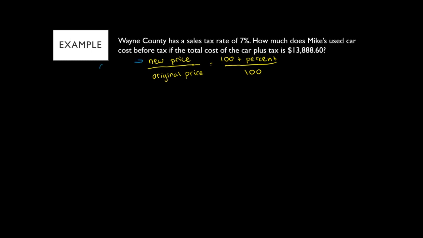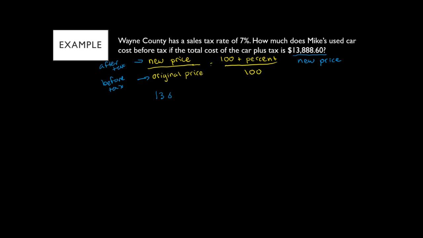And so this new price is going to be after tax. And then the original price is going to be before tax. So the total cost of the car plus tax, that's the new price. That's what we know. So we're labeling this as new price. And we've got the percent, which is 7%. So I'm going to fill this in.